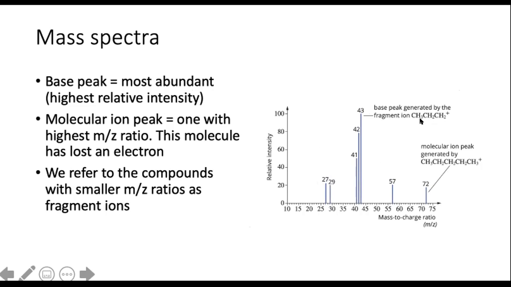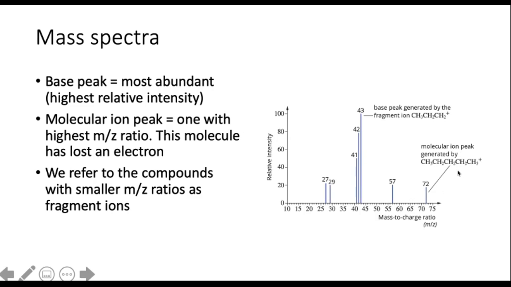I'd also like to point out that this is the original molecule. Okay, so it's CH3, CH2, CH2, CH2, CH3. We bombarded it with electrons, and so it would have lost an electron and become positively charged. It's just lost one electron.